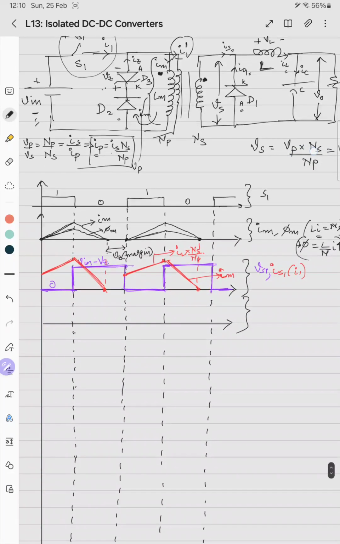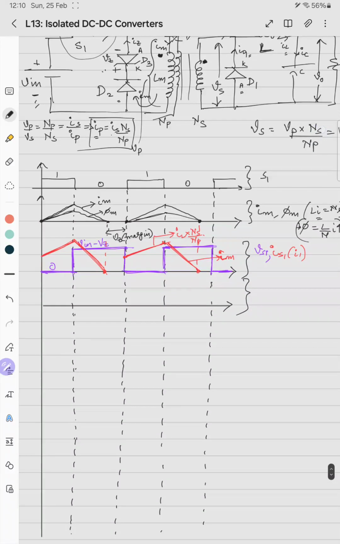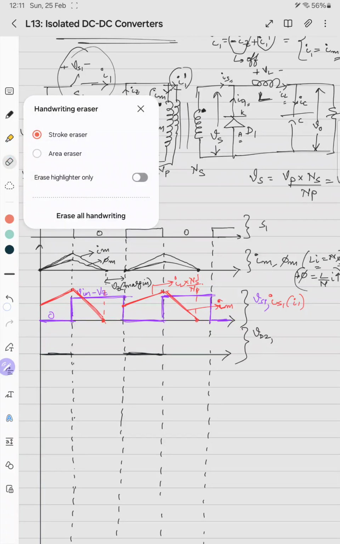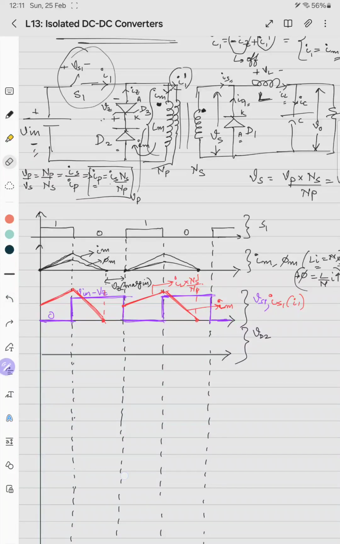Now the diode D2, VD2 and ID2. First we'll draw VD2. The diode is off during the on time of the switch. When the switch is on, the diode D2 is reverse biased. Vin becomes Vz.